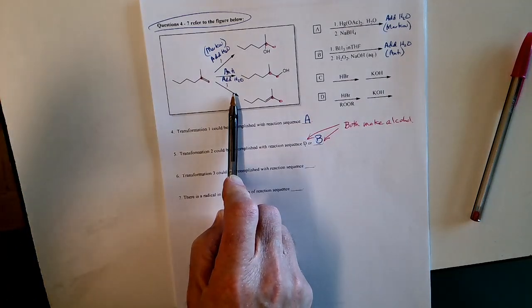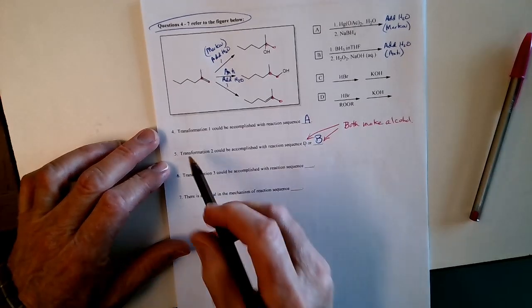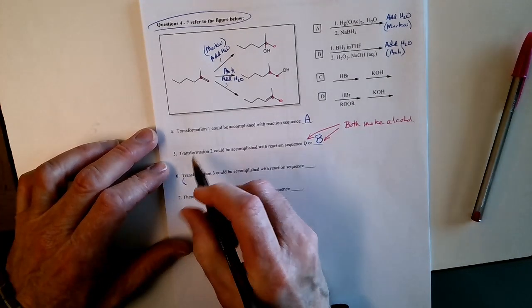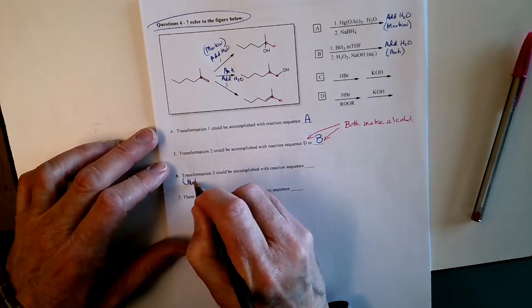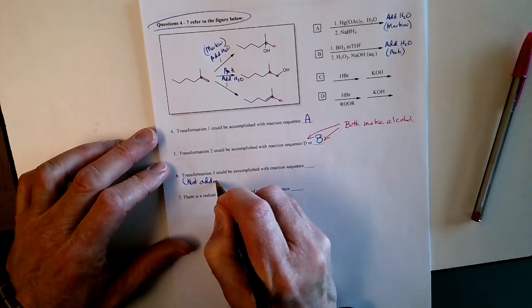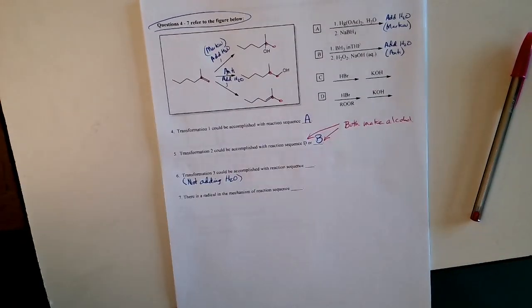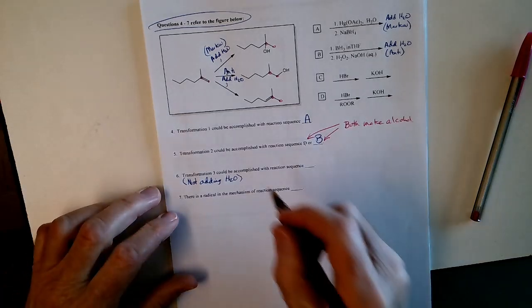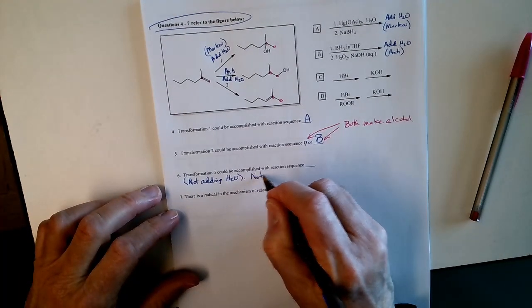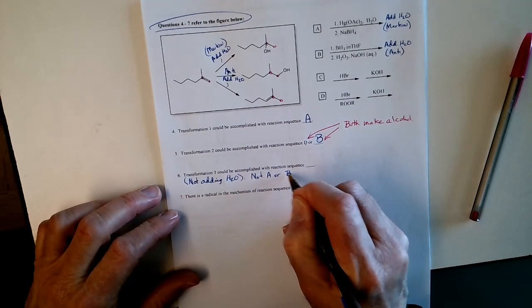Right there, you don't end up with an OH anywhere. So let's just write that little note about it. So this is not adding H2O. So you don't want to say A or B for that one. It's not A or B.